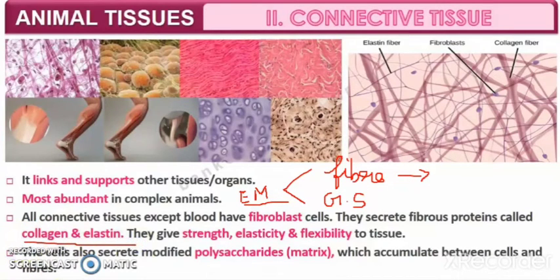Okay. So what do they secrete? They secrete collagen or elastin, right? So all connective tissues except the blood have the fibroblast cells.